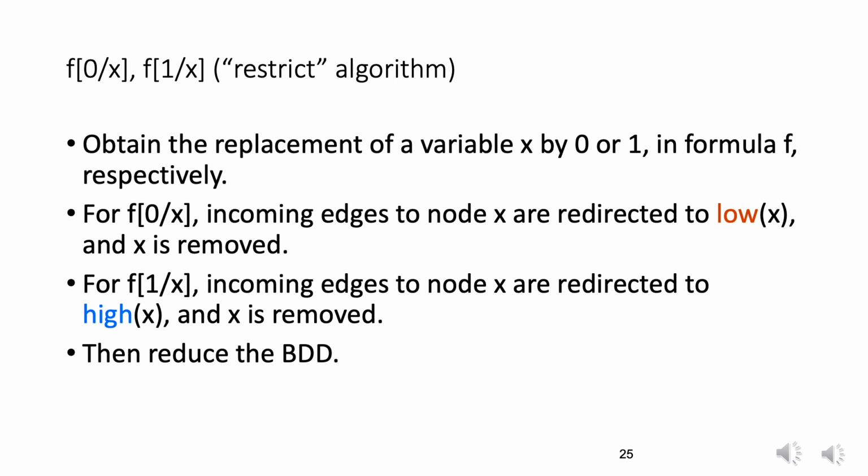In addition to compactness, BDDs are equipped with procedures to combine and transform them. The first operator we'll see is the restrict operator. It replaces a variable by a constant, 0 or 1.